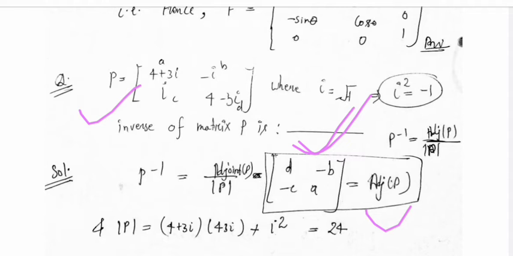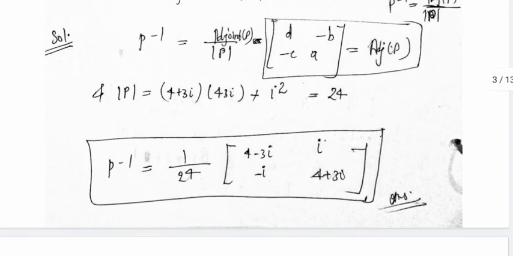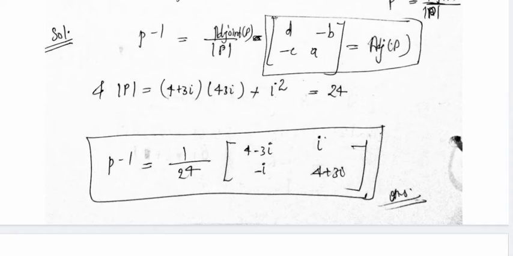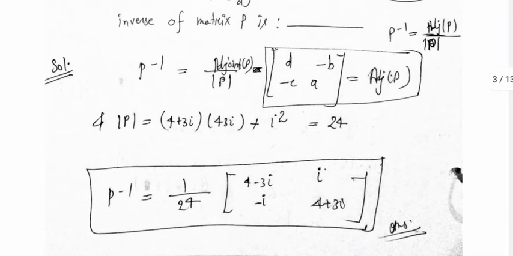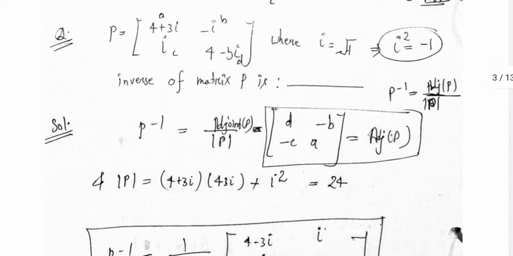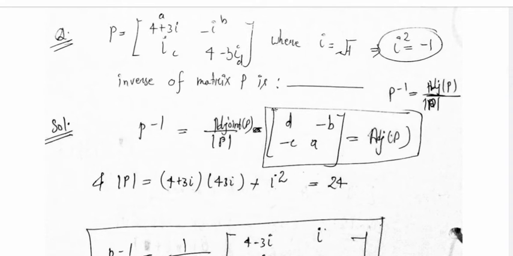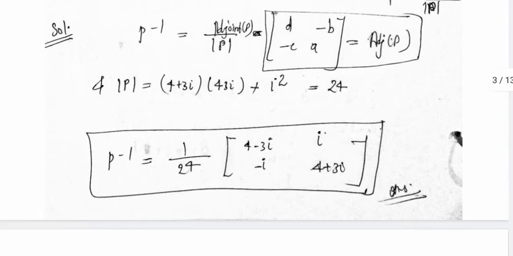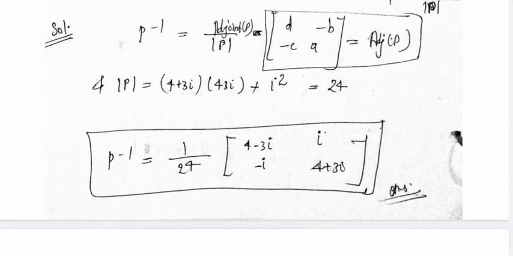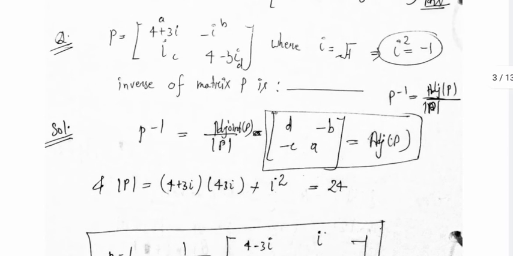Now when we have found the adjoint of P, we find the determinant of P. The determinant of P is very easy. Now we easily calculate the determinant of P as 4 into 4 plus 3i into 4 plus 3i and minus i.